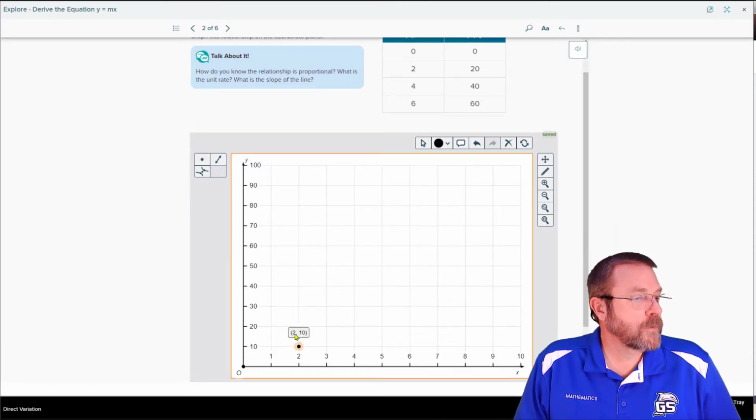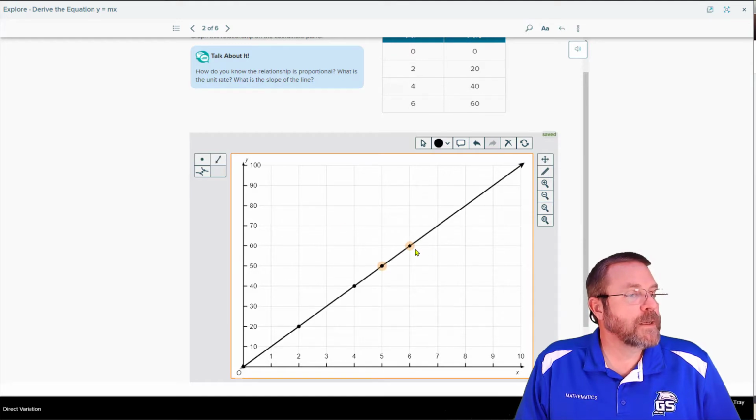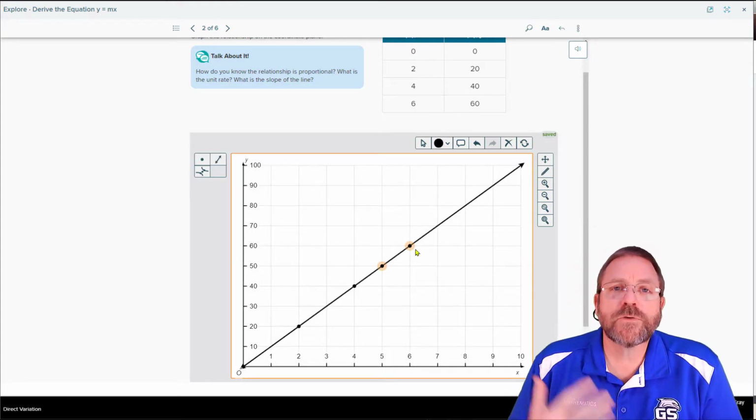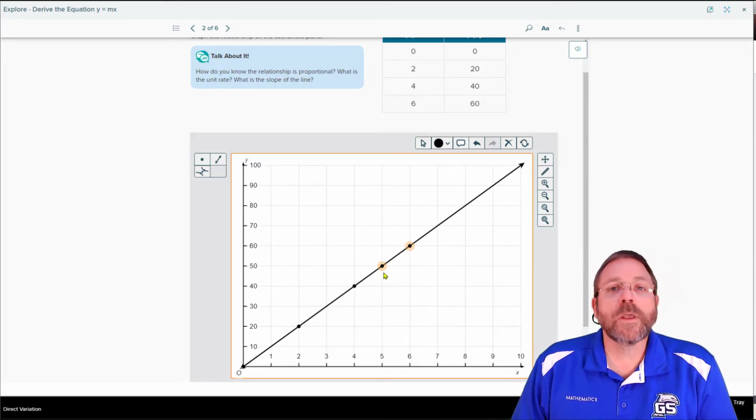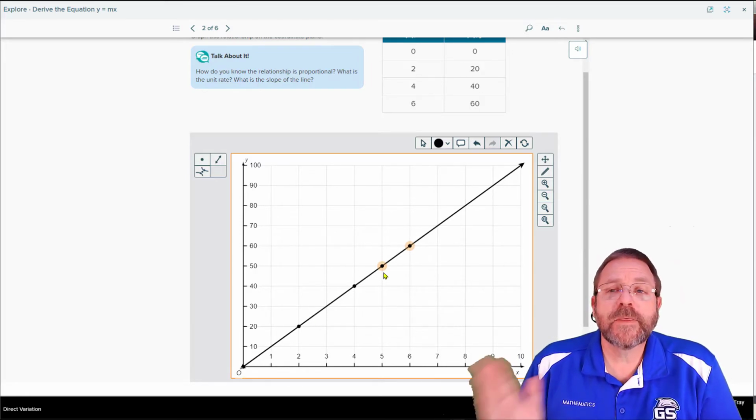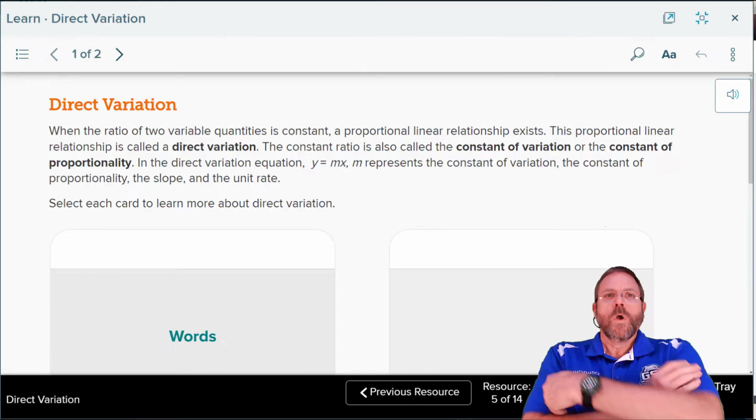Where x is 4, y is going to be 40, and where x is 6, y is going to be 60. And if you notice, that is creating a linear relationship. It's creating a straight line, and any point along here, you're going to end up getting the same slope.